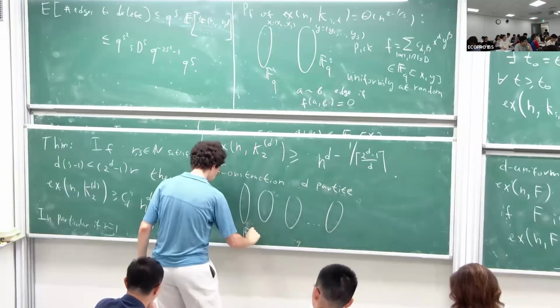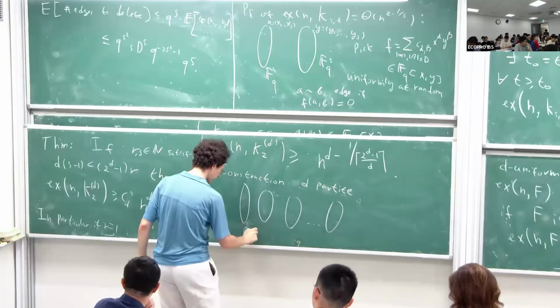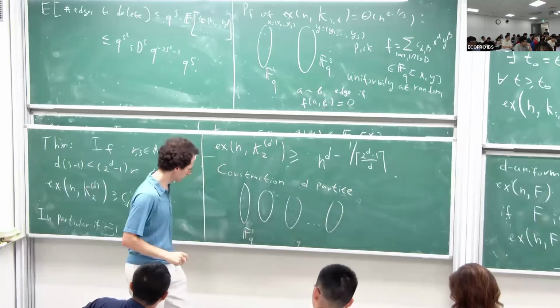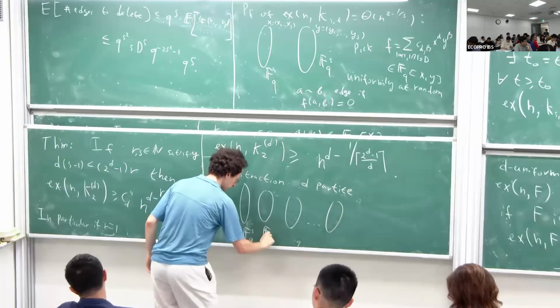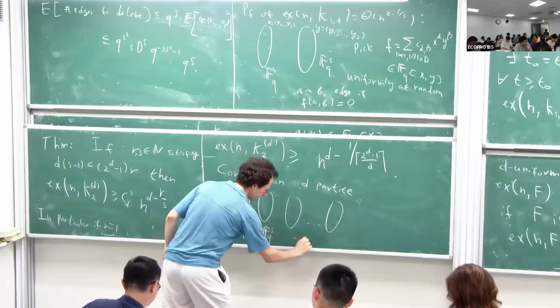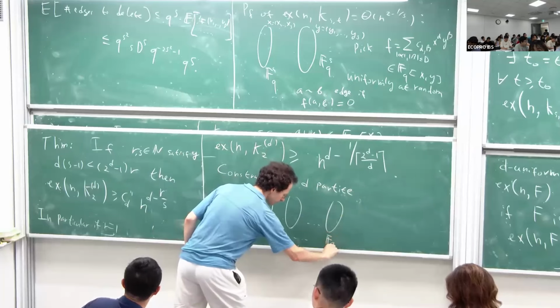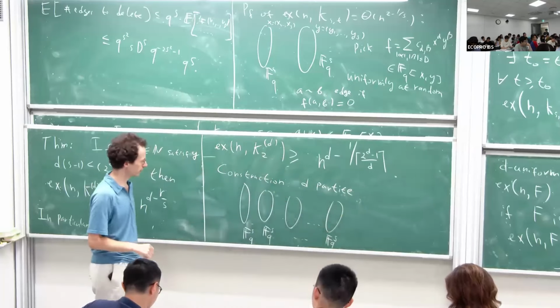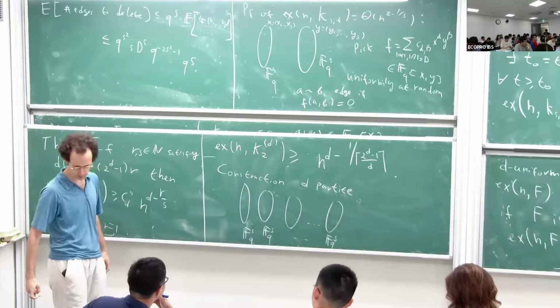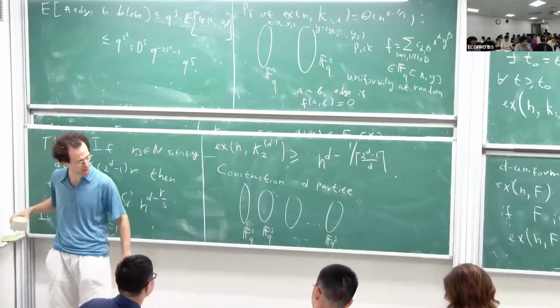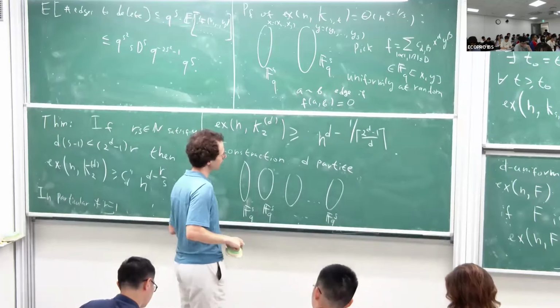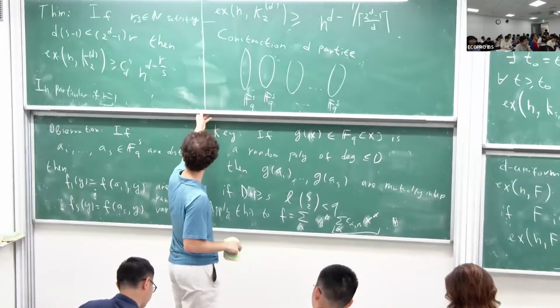Each part will be a copy of the s-dimensional vector space over F_q. Again, we will choose a polynomial to define our hyperedges.